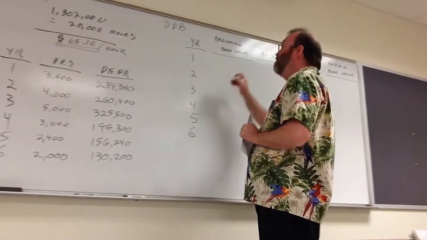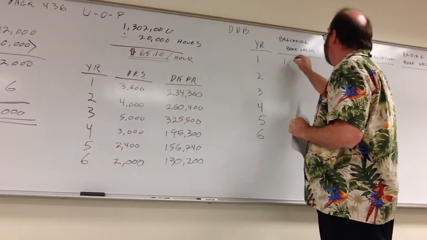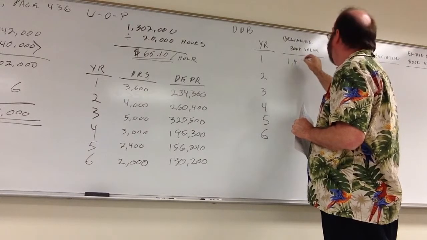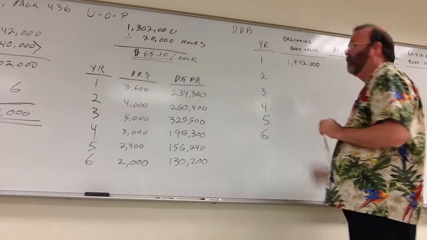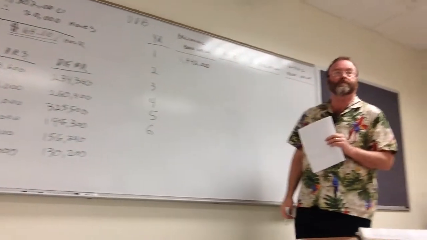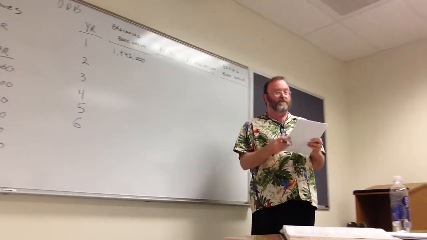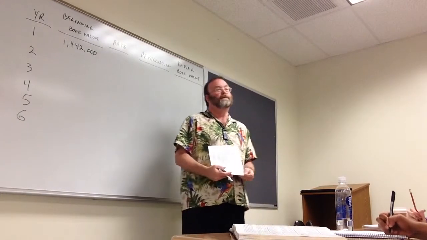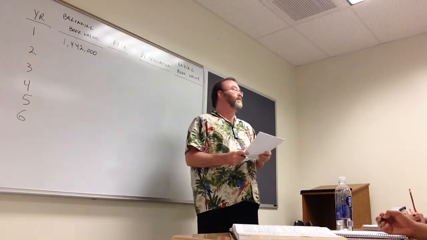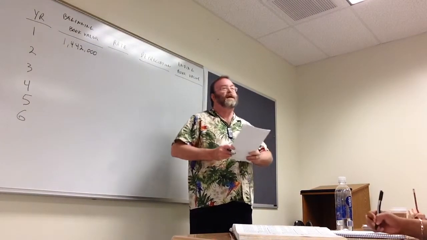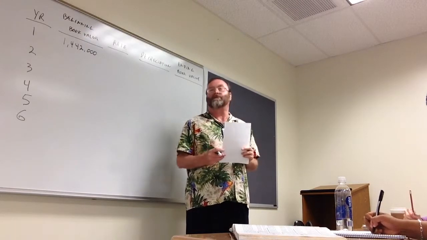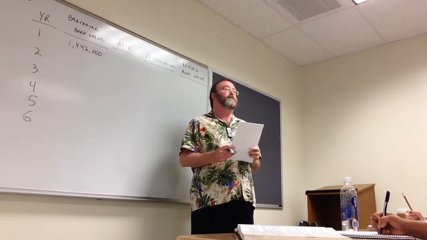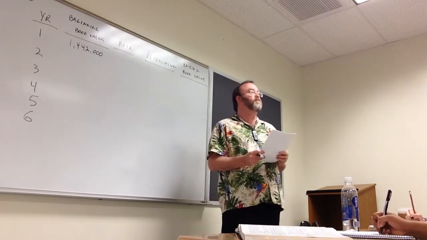The book value at the beginning of year 1 is the full $1,442,000. What's the straight line rate? 16.66667%. So it's 16 2/3%.